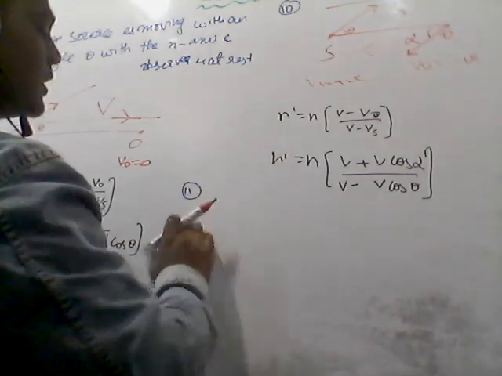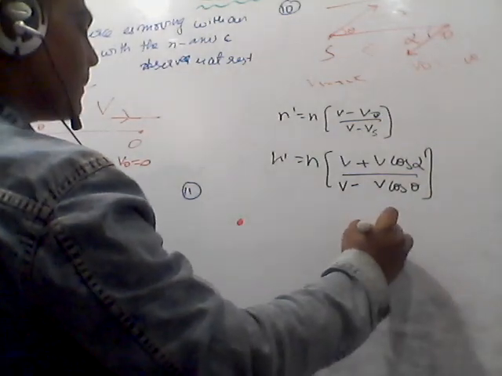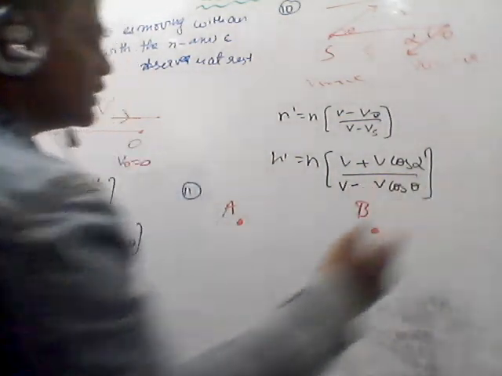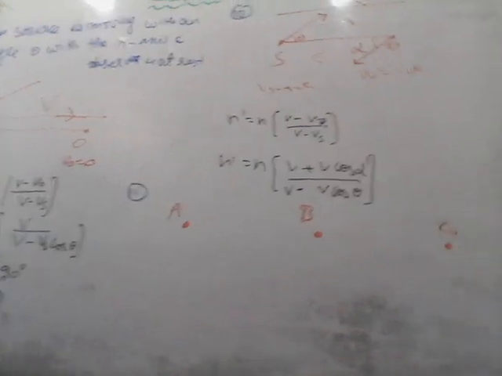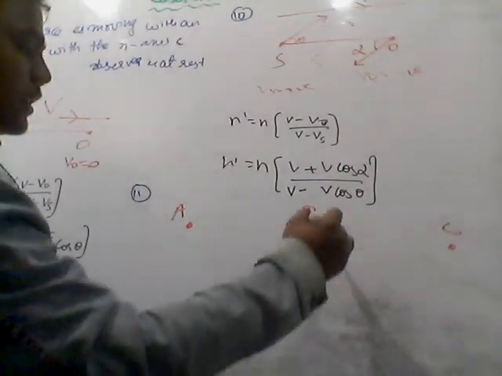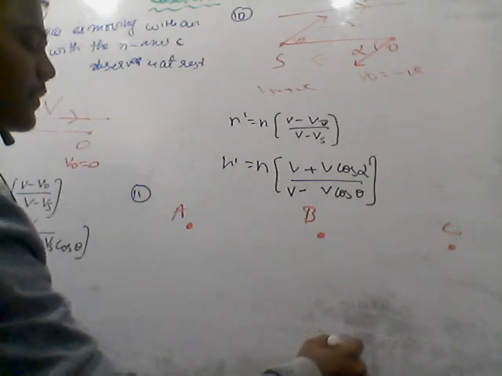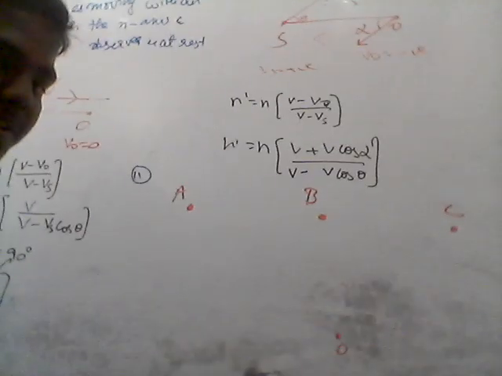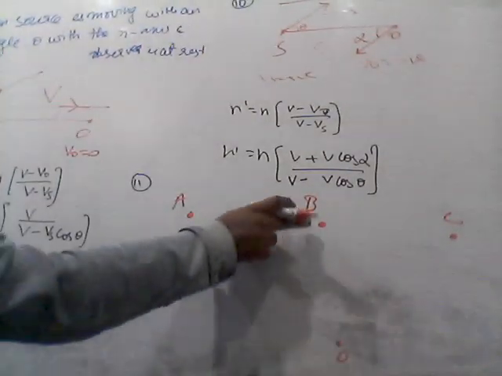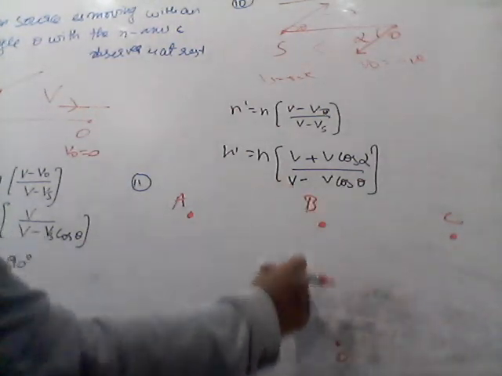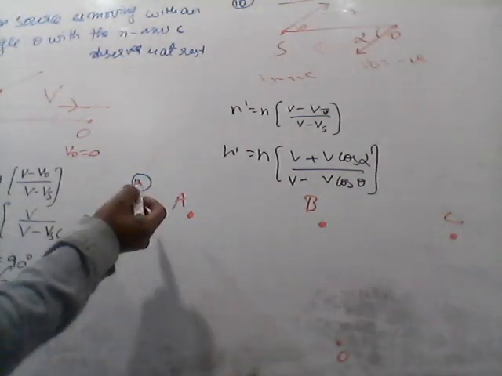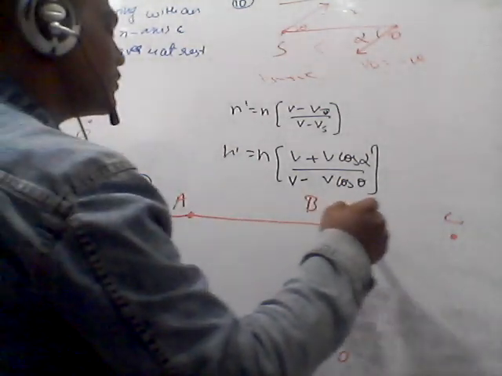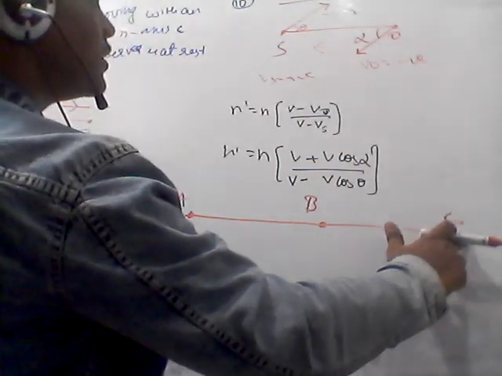There are three points A, B, C, and the observer is standing in front of B, exactly on the line of B. Source is present here. Source is moving like this.